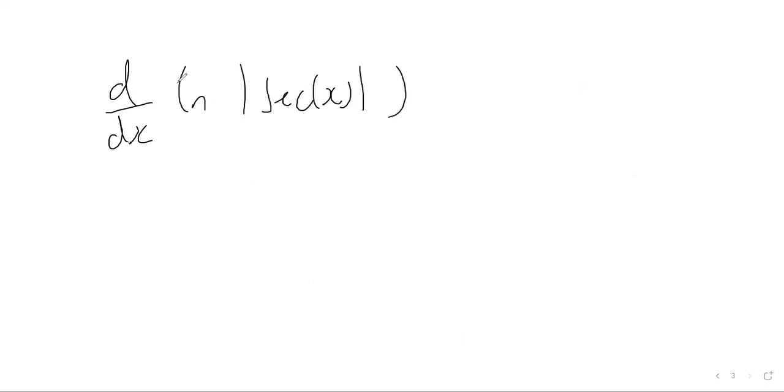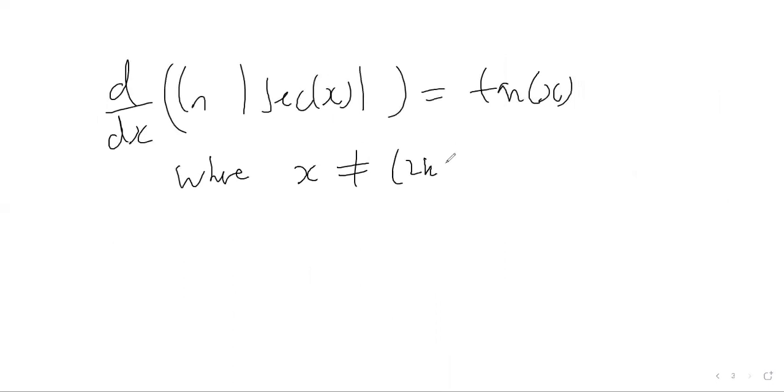So what we can conclude is that d by dx of the natural logarithm of the modulus of sec x is just equal to tan of x, where x can be any real number apart from these odd multiples of pi over 2, where the sec function and also the tan function are undefined.